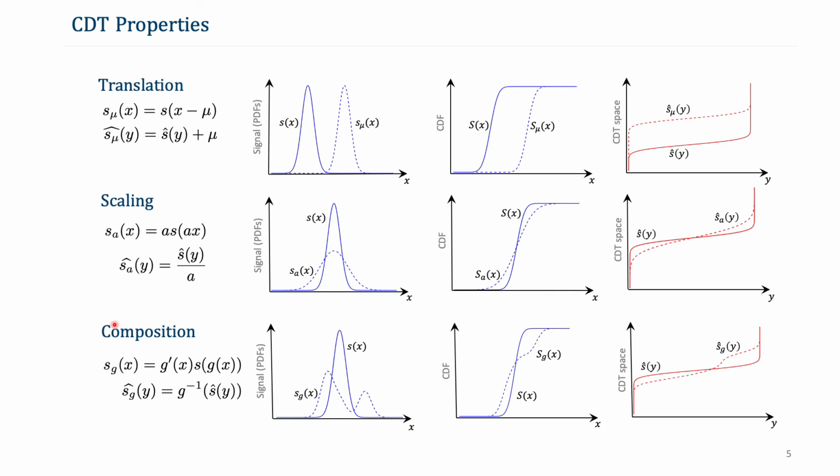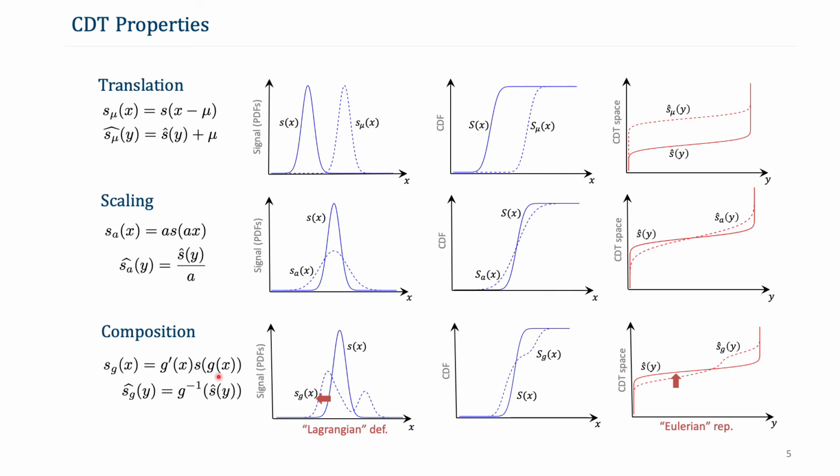The thing to note here is that whatever happens to the signal, let's say we're performing translation along the x-axis or some kind of dilation, we're pushing some signal to the left and some signal to the right, or some kind of modification more generally expressed as a composition of the signal.